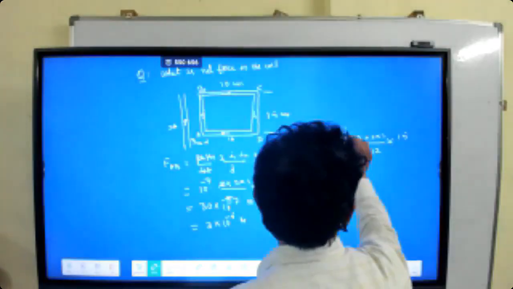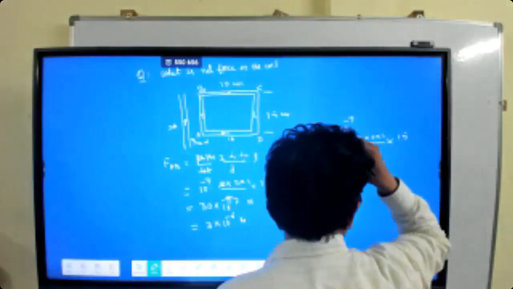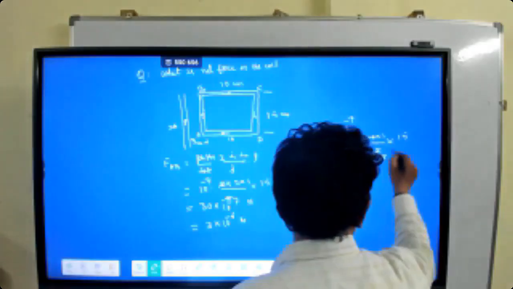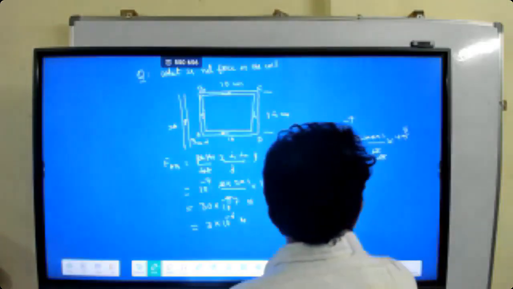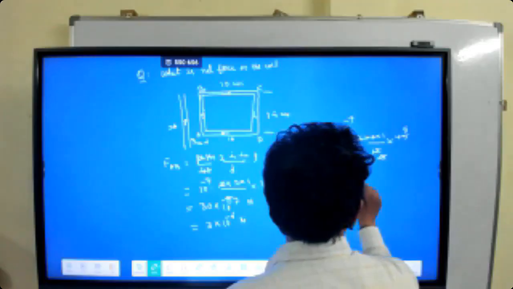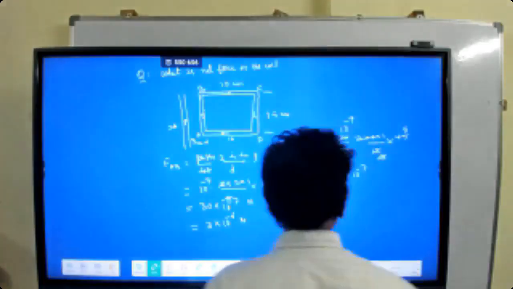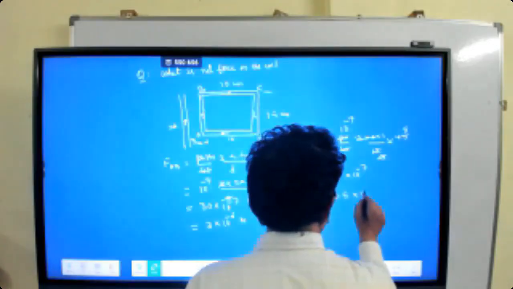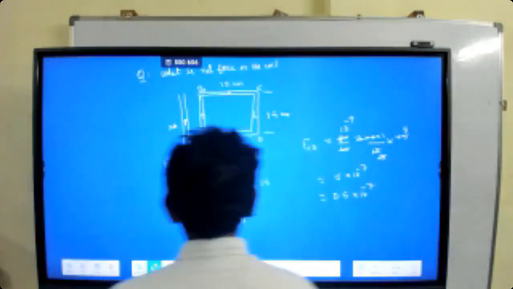This gives you 5 into 10 to the power of minus 7, that is equal to 0.5 into 10 to the power of minus 6. So which is more? FAB is more than FCD.